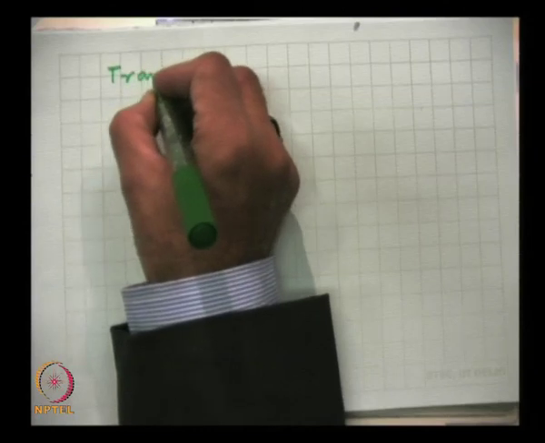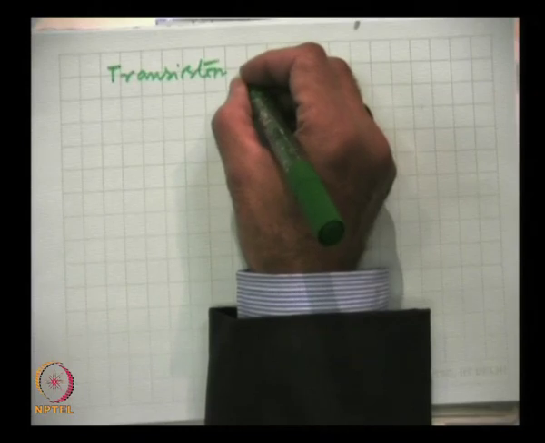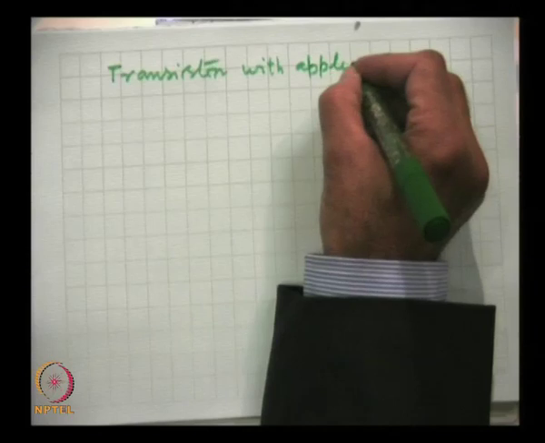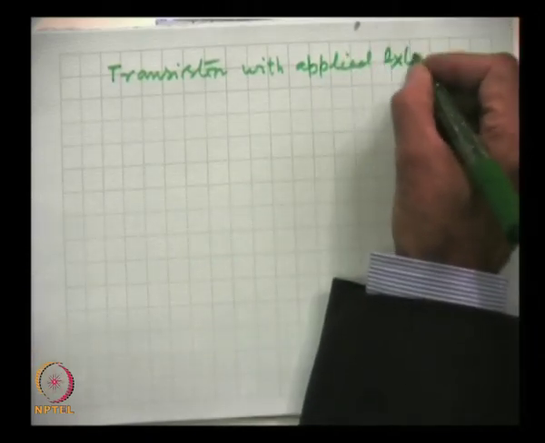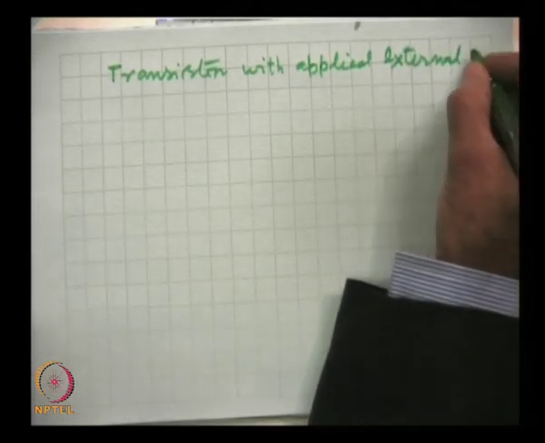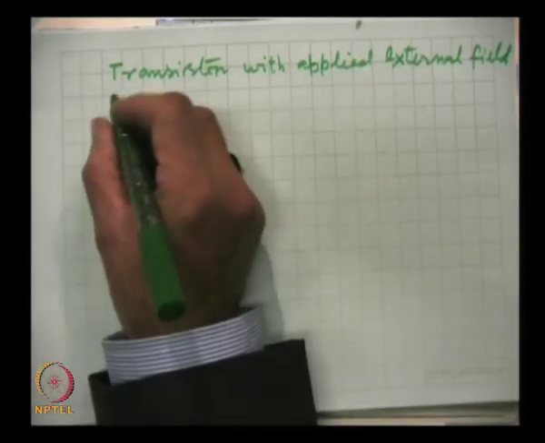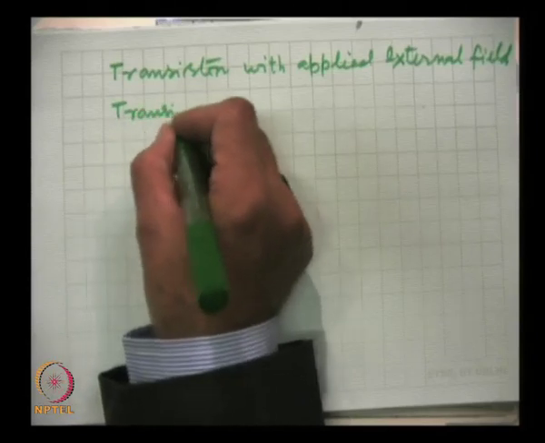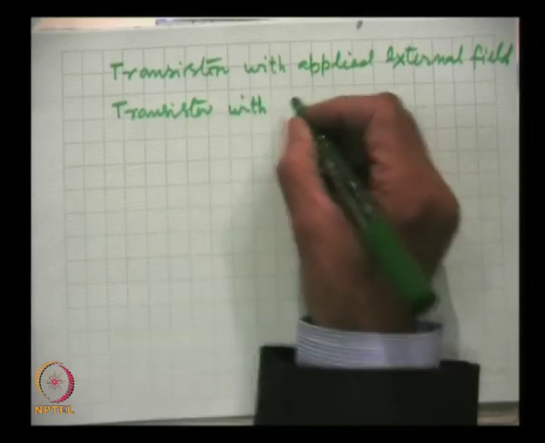So, transistor with applied external field, that means transistor with biasing.